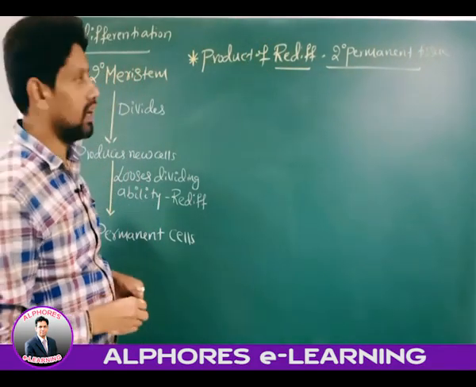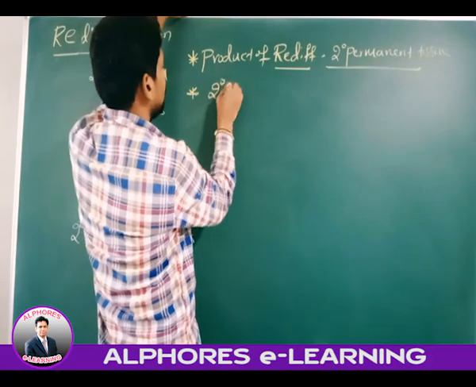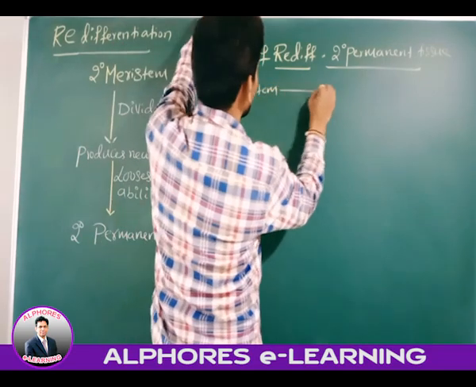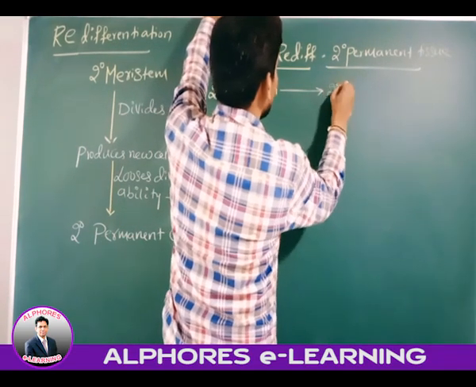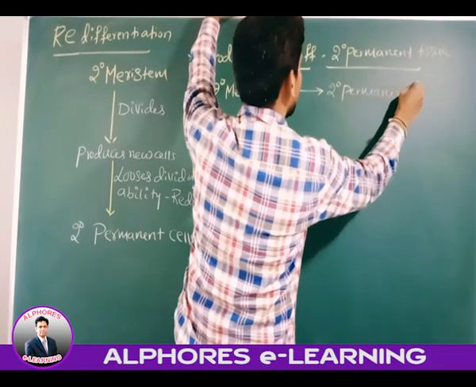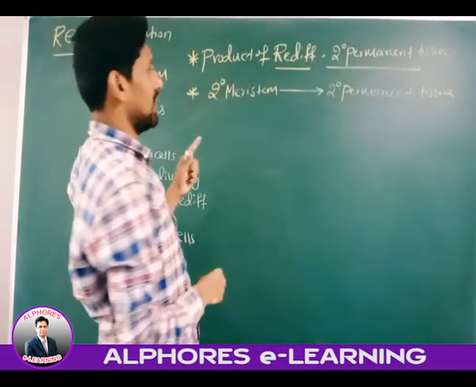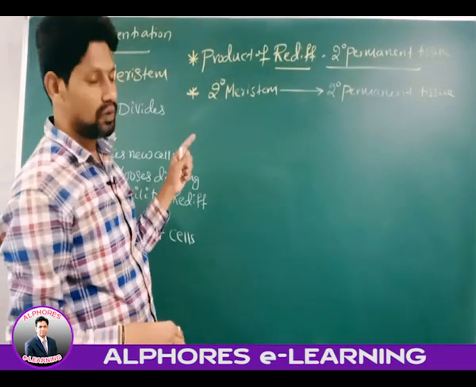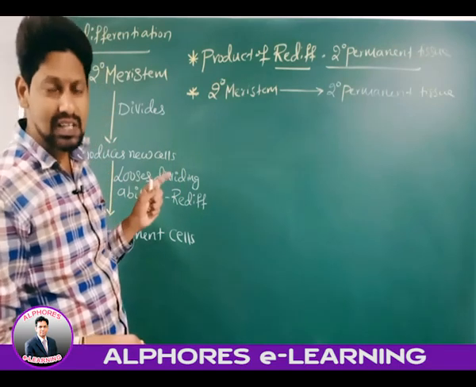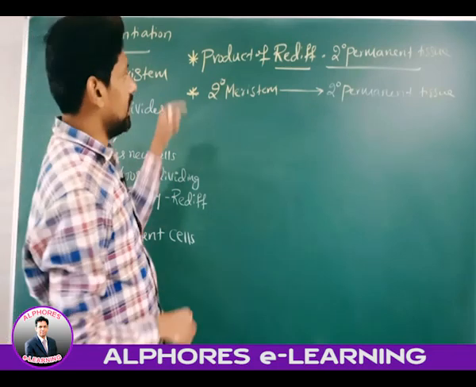Is this statement okay? Sir, during redifferentiation process, what changed to what? Secondary meristem changed to secondary permanent tissue. Which process is this? This is a redifferentiation process. Is it okay? Right?